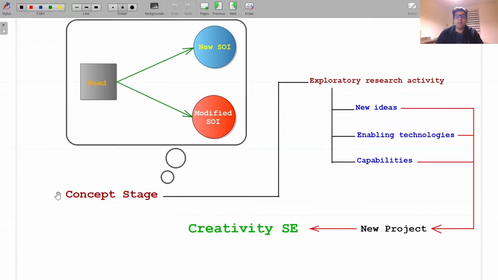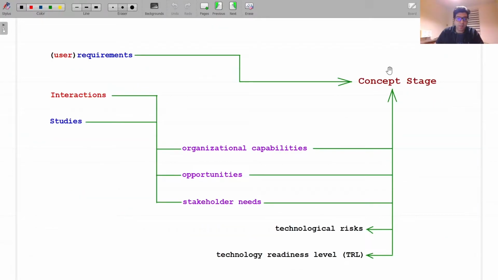Many life cycle models show the process beginning with requirements or user requirements. In fact, the process begins earlier with interactions and studies to understand potential new organizational capabilities, opportunities, or stakeholder needs.